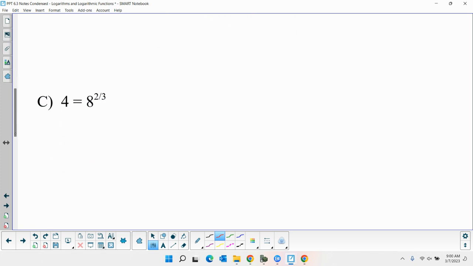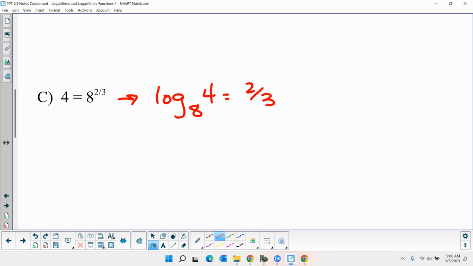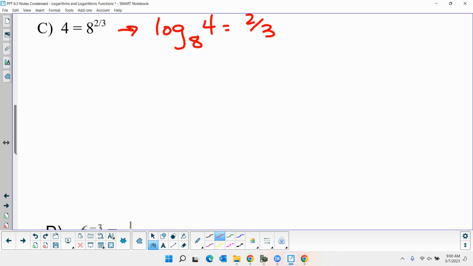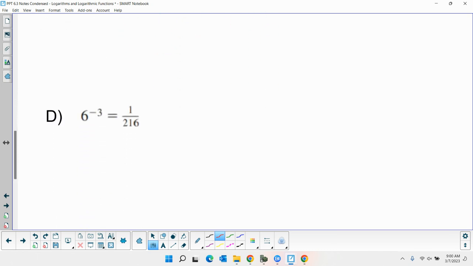Ryan? Oh, it's on the other side. Good. So if they flop sides on you, don't get confused. 8 is still the base. So log base 8 of our number equals our exponent. Okay.